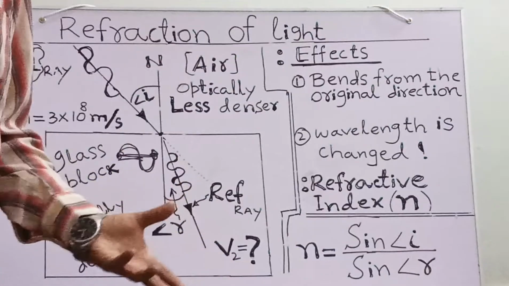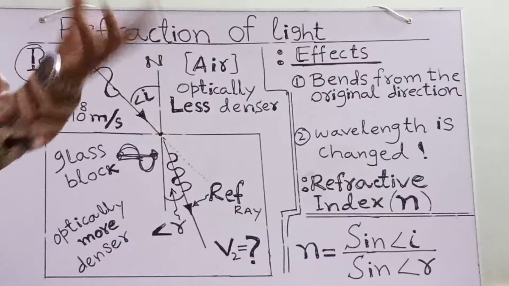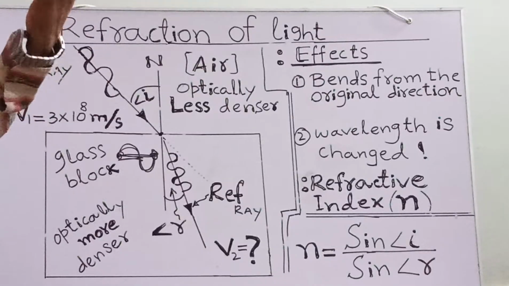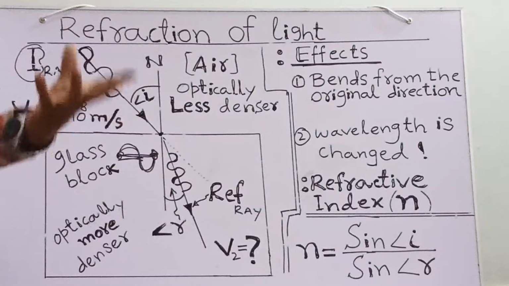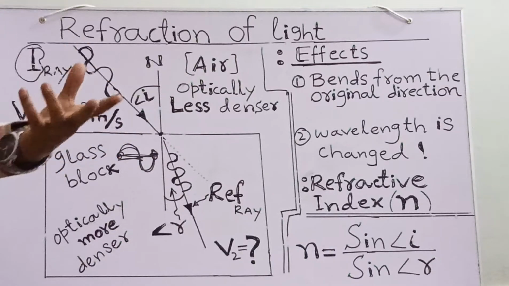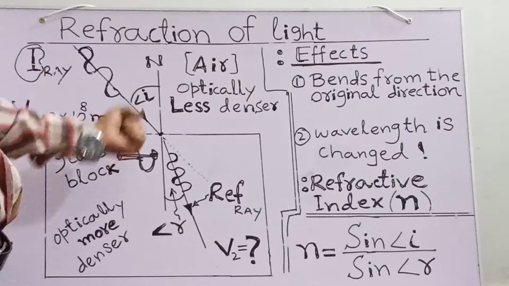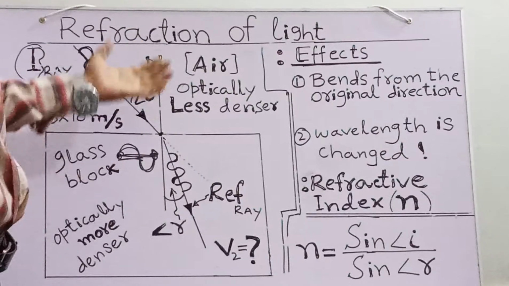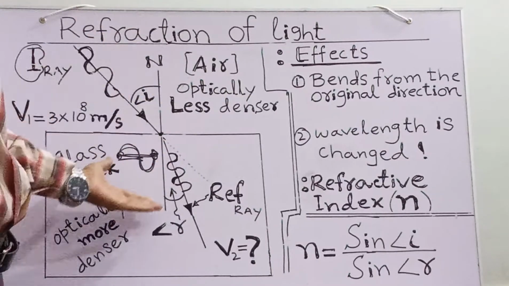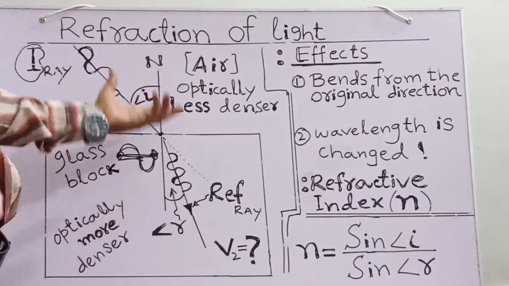What is refractive index? The refractive index is a number, and it is a measure of the refraction power, the refractive ability, of a material, like the refractive index of glass.